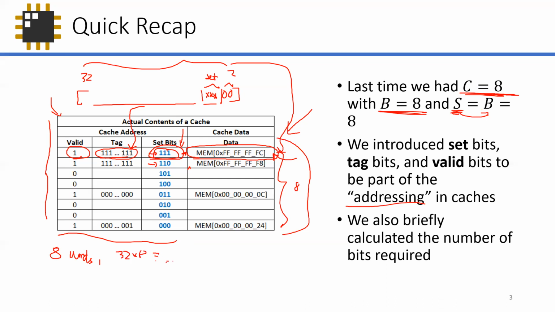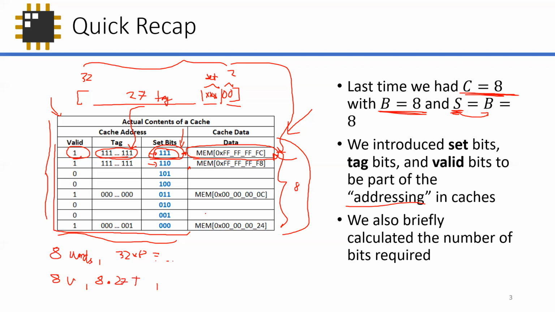Then you have to calculate how many bits are needed for the addressing. You have 8 valid bits, then 8 times whatever is remaining. If there are 2 byte offset bits and 3 set bits, then you have a total of 27 tag bits.